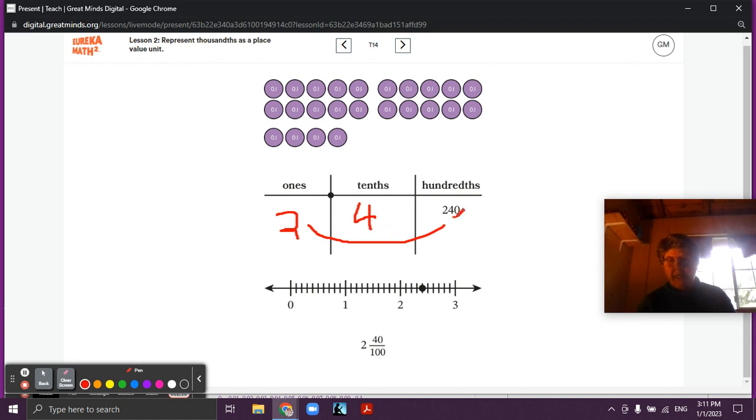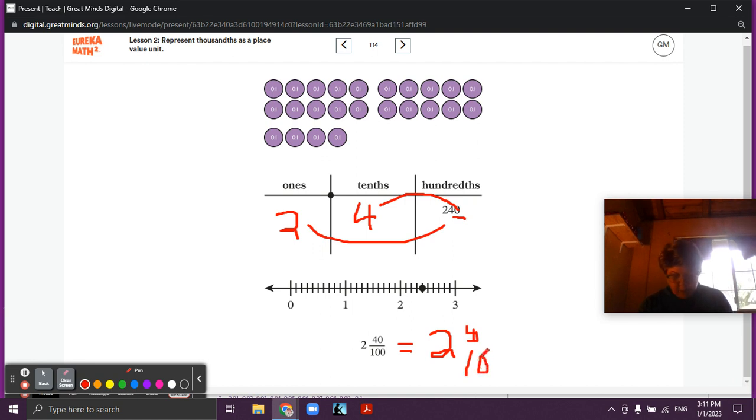Yeah, 40 hundredths becomes 4 tenths. Okay, and on the number line we can see 2 and 4 tenths, and on our number down here we know that we could divide 40 and 100 both by 10, which would leave us with 4 tenths. You got it. All right, awesome.